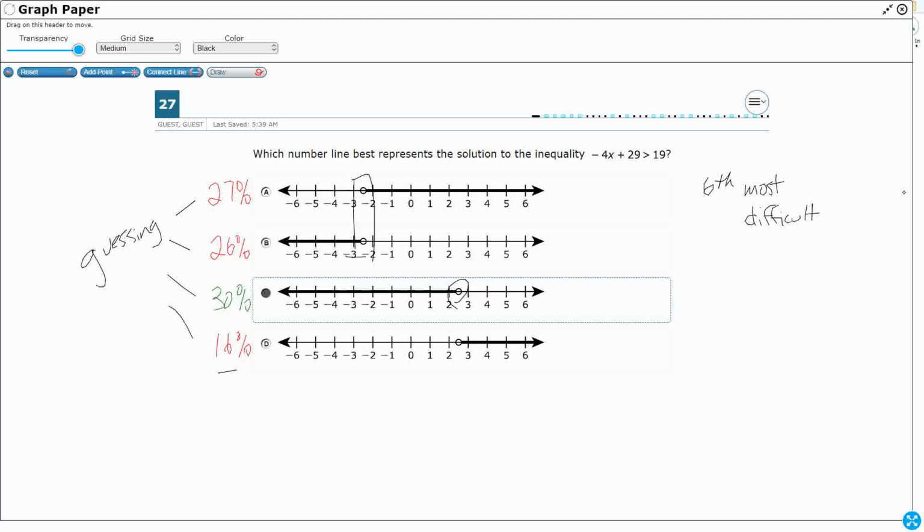So we had the negative 4x is greater than this negative 10. And so this error comes from students not knowing that when you need to isolate that variable, you can't just divide by 4. It looks like that's what students were doing there, and they were getting this x is either greater than or x is less than this negative 2.5.